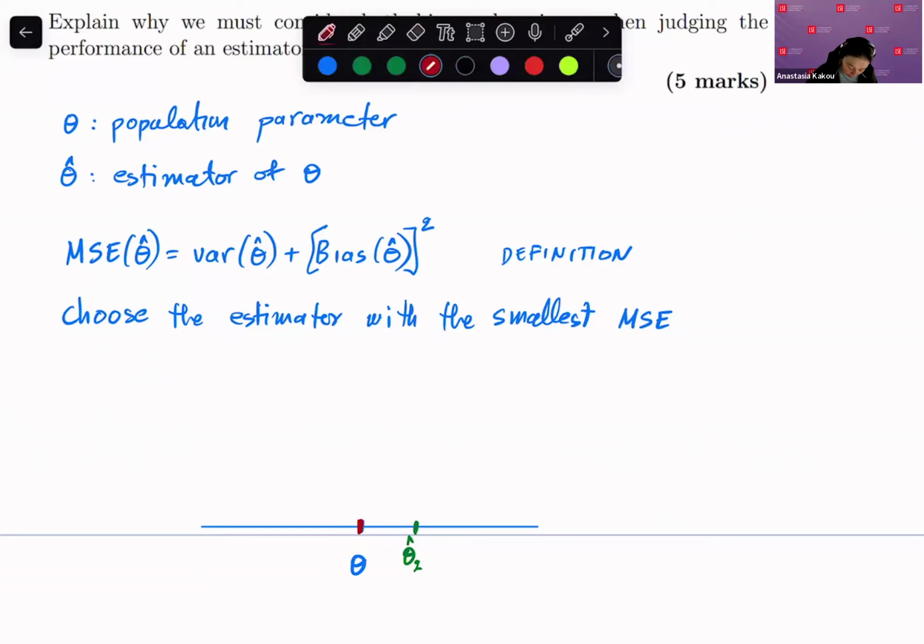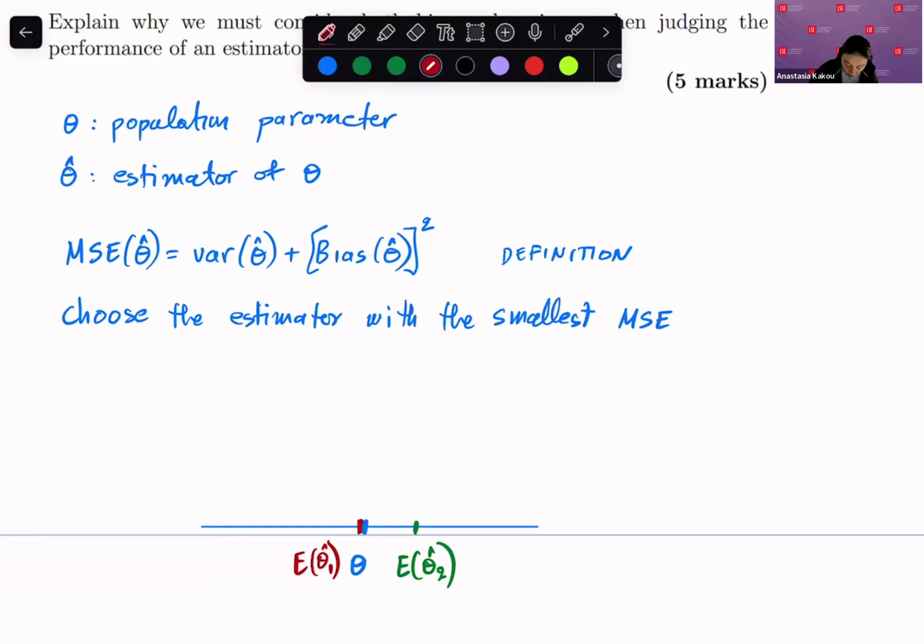That means the expected value of theta 1 hat is the same as theta, so they're on the same spot, while the expected value of theta 2 hat is a bit further away. So one is biased and the other is unbiased. Okay, so you have one unbiased estimator, theta 1 hat.